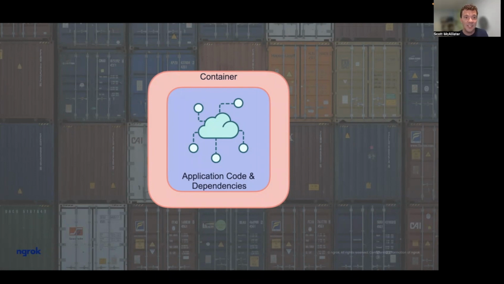Now, most applications will have multiple containers running, especially as the application adds features, other services, or even scales. And that's where Kubernetes comes in handy. Kubernetes is an open source container orchestration platform that automates application deployment, management, and scaling.